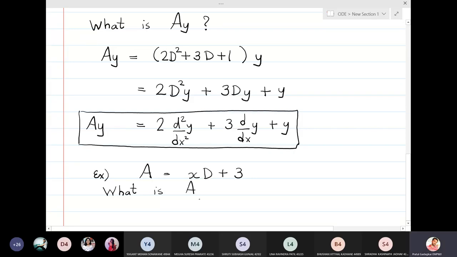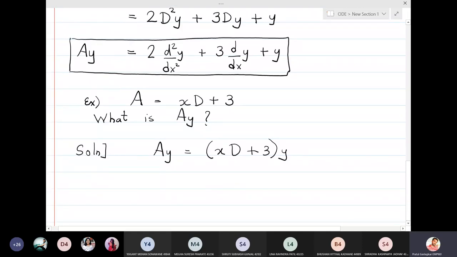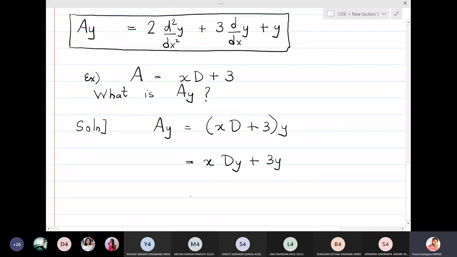Solution: Ay is equal to (xD plus 3)y, which is equal to x Dy plus 3y, which is equal to x dy by dx plus 3y. This is an expression for Ay.